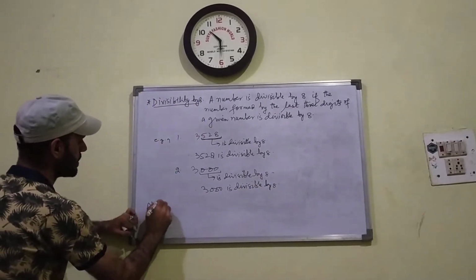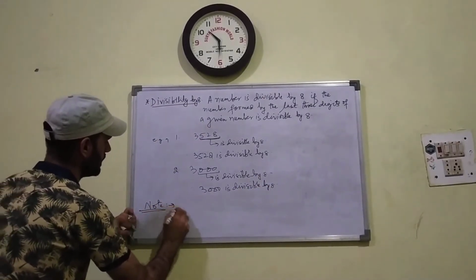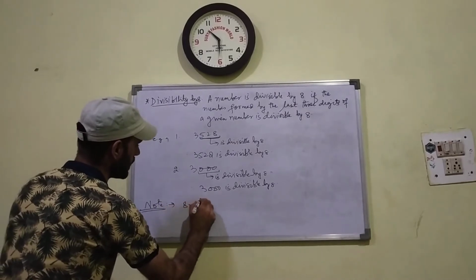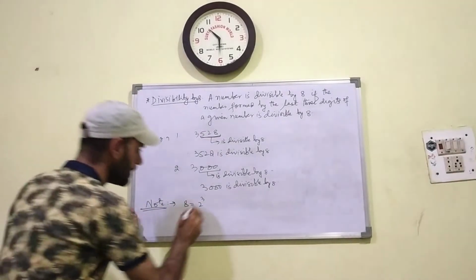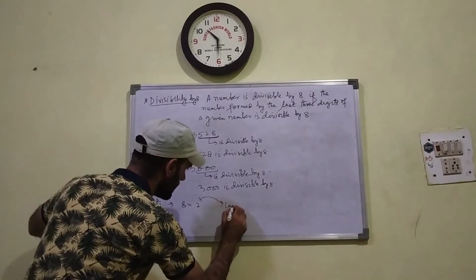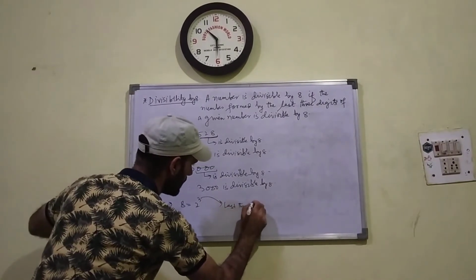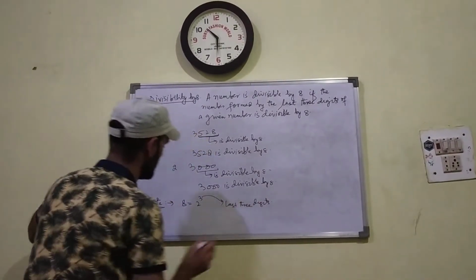Note, we can write: 8 is equal to 2 raised to power 3. It means that these last three digits matter.